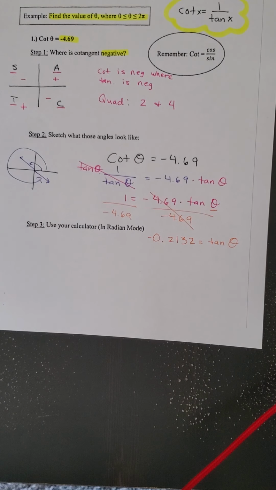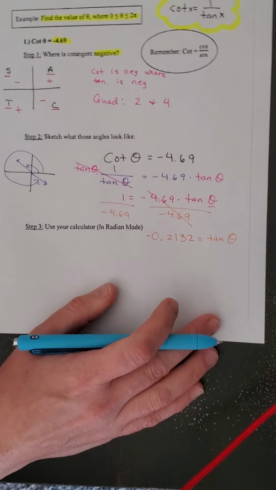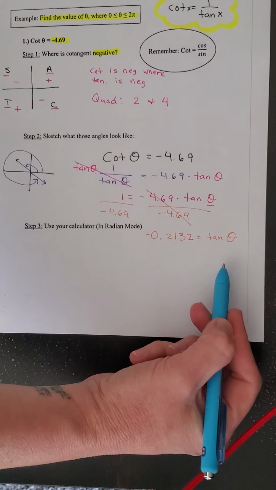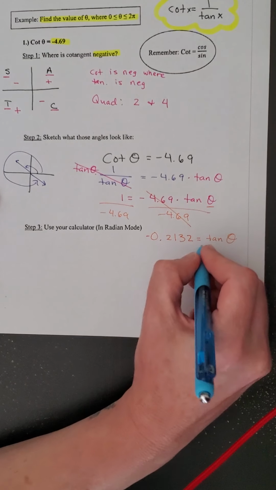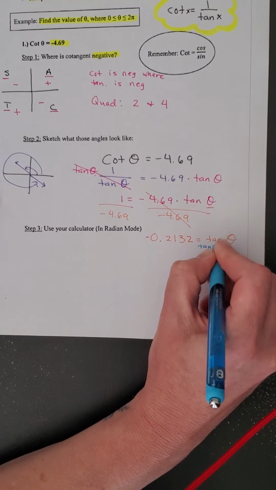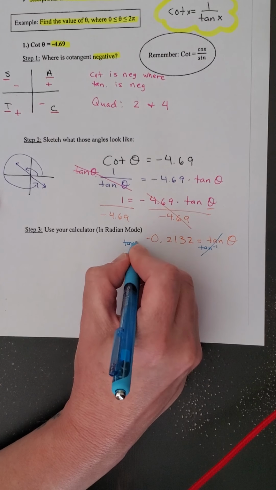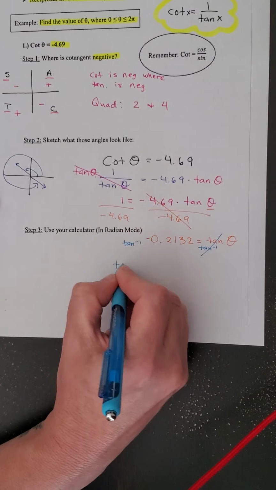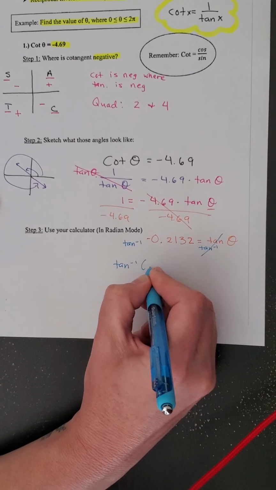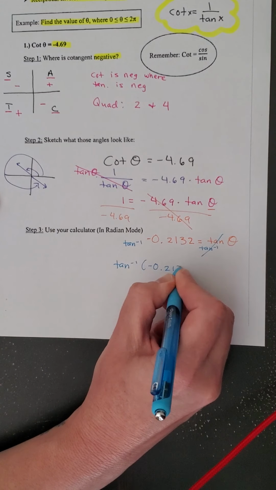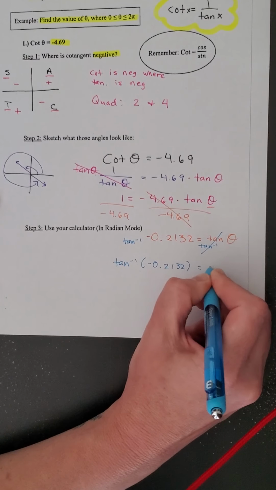All right, now from this point, remember again, my goal is to isolate theta, and so to get theta by itself, I would tan inverse both sides, because tangent and tangent inverse are inverses. So I'll tan inverse both sides. So I get tan inverse of negative 0.2132 equals theta.